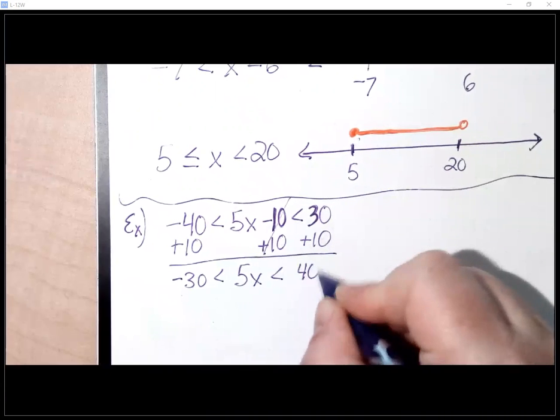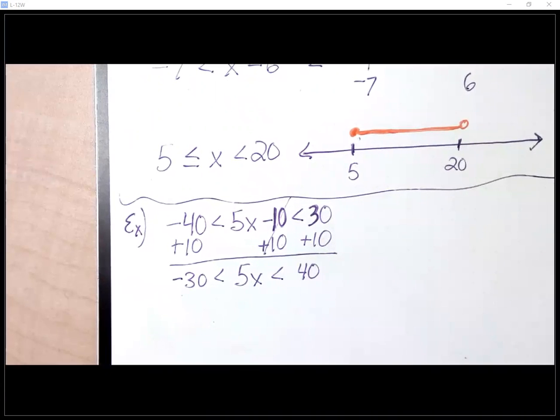And now I just have to do it again because I'm still trying to get x completely by itself. This one was just a 2-step process. So what should my next thing be that I do? Divide by 5, right? I still want that x by itself, so I got to get rid of that 5. So let's undo multiplying by 5 by dividing by 5.